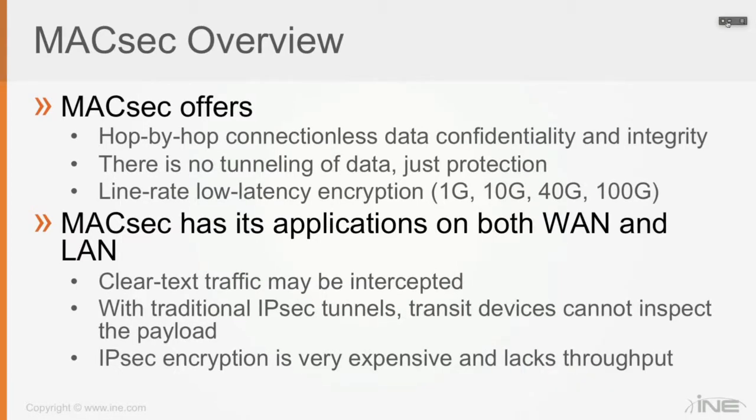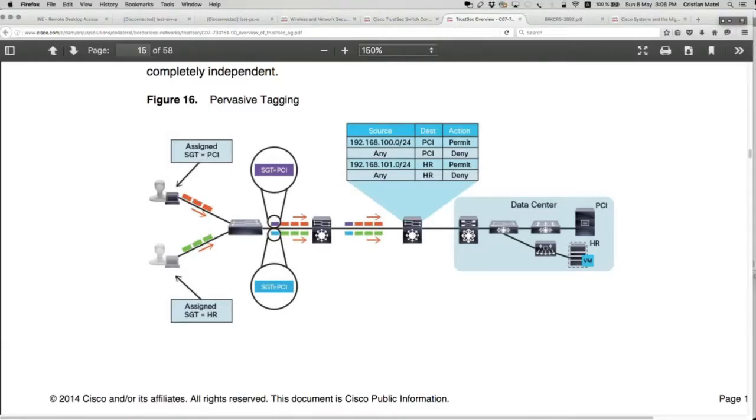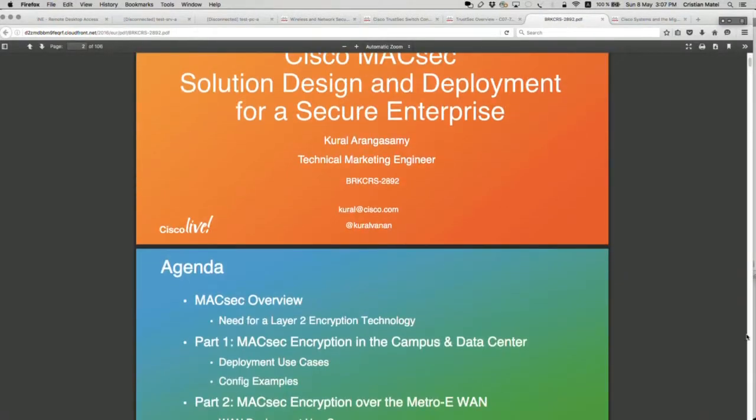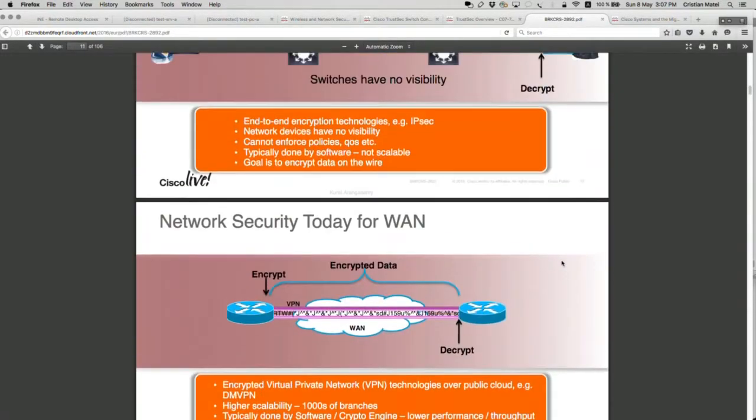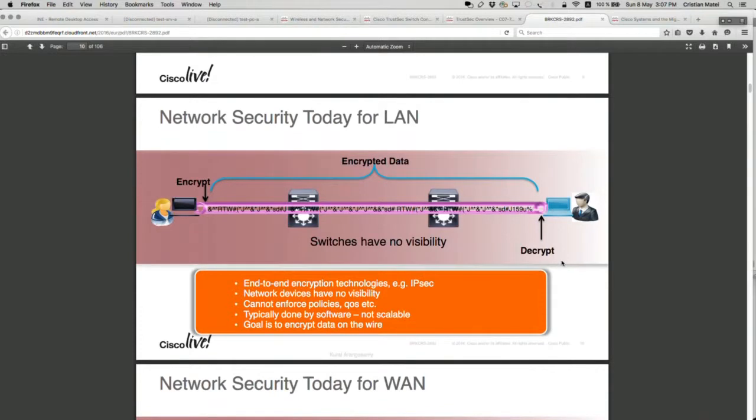So if you look here at one of the presentations from Cisco Live Berlin 2016, an introduction section on MACsec, they state the following about network security today for LAN.